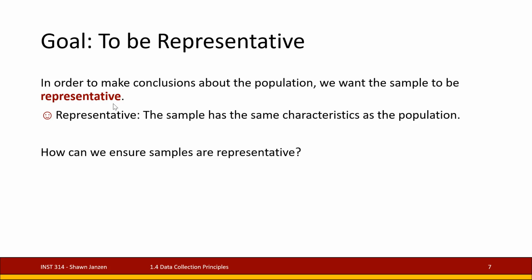If for some reason the iSchool age was actually including the graduate students as well, but your class is only undergrads, then I'm not necessarily going to be representative, because my sample, you as the class, is not necessarily going to be reflective of the iSchool more broadly.